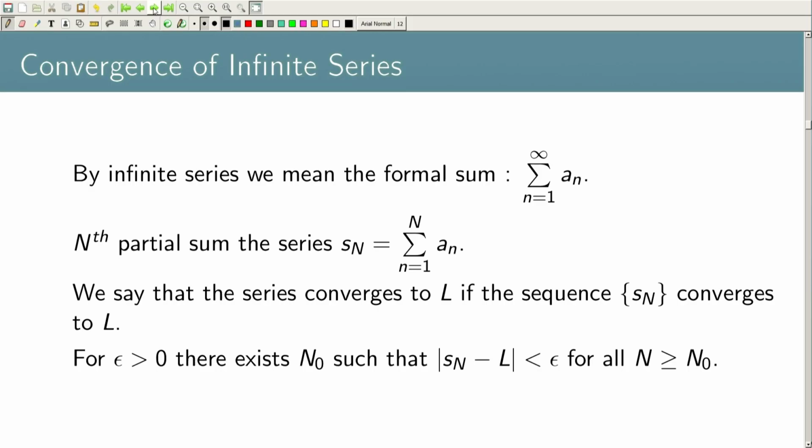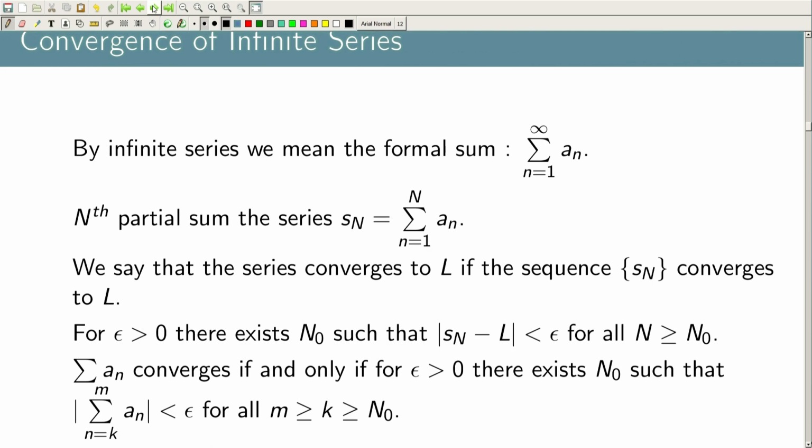If this partial sum, this sequence, converges to L, then we say that the series we started with converges to L. So, what is the meaning of the convergence? That means, as usual, recall that for a given epsilon, there exists an n_0 such that the modulus of S_n minus L is less than epsilon for all n greater or equal to n_0.